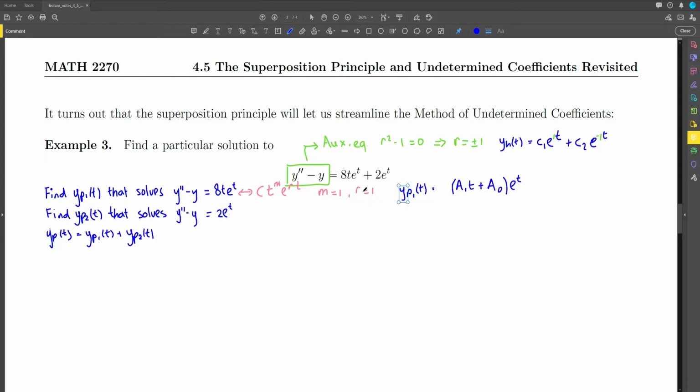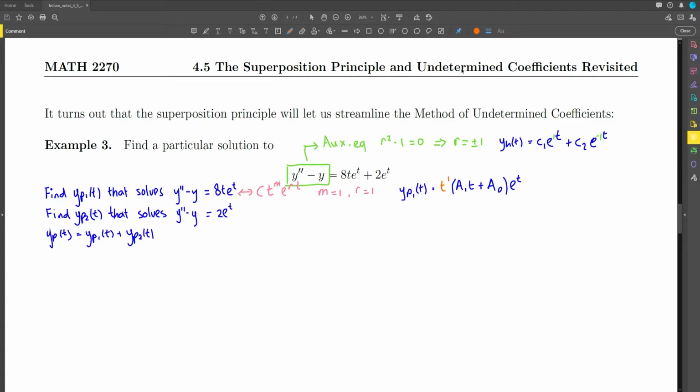And then because we have a root of the auxiliary equation, we have to multiply this by t to the power 1. So that's our particular solution for the first differential equation here.